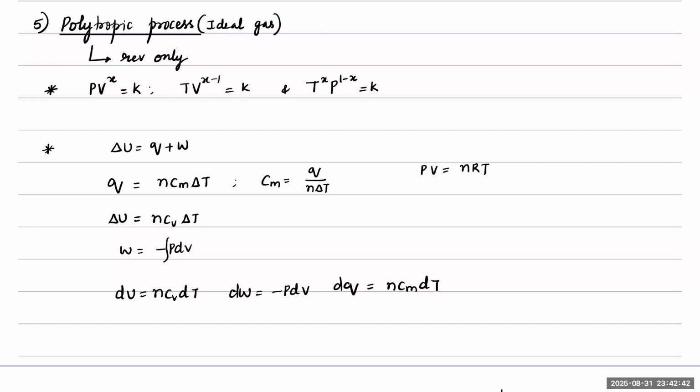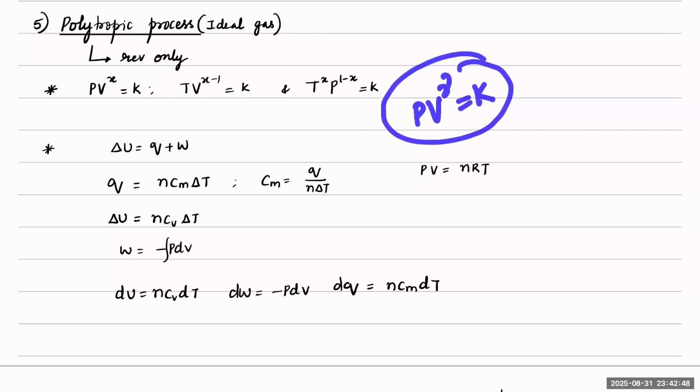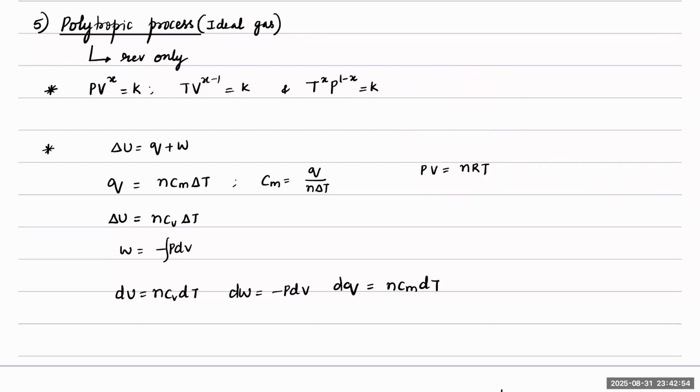And let us do it first for an ideal gas. Generally, just like how we get the process PV raised to power of gamma is equal to constant for a reversible adiabatic process, likewise, if it is a polytropic process, then we should get a similar relation like this. PV raised to power of x is equal to constant, TV raised to power of x minus 1 is equal to constant, and T raised to power of x and P raised to power of 1 minus x is equal to constant.